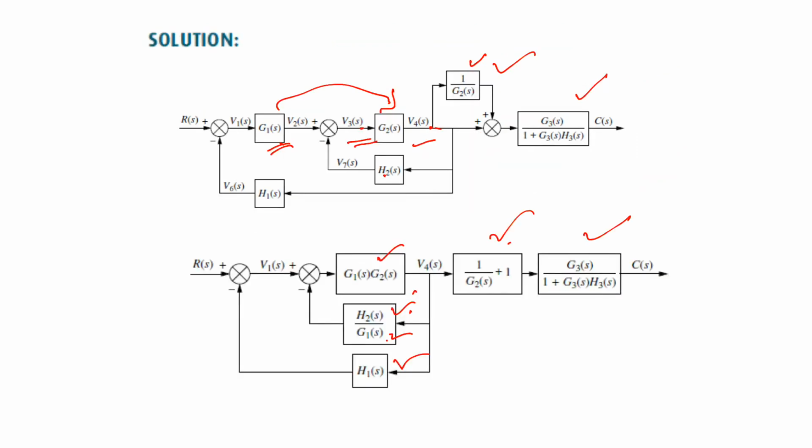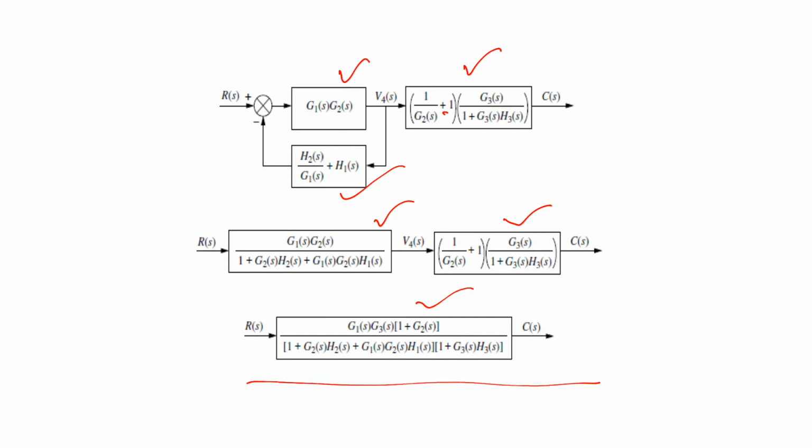Then after that we take this G1 to G2. There is another way to do it also. We can solve this first and then this loop, but whatever is the understanding of any individual, he can do it like that, and finally we are getting this final transfer function. In this way, by using block diagram algebra, you can simply do that.